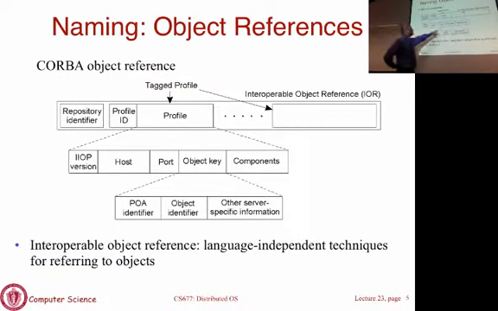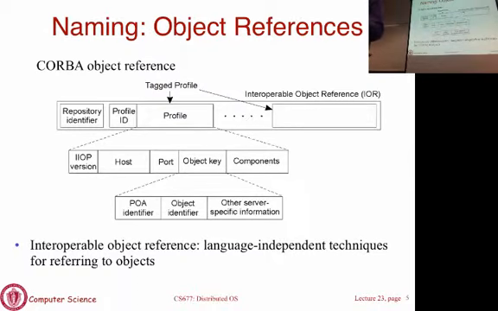That's the actual identifier of that object. Think of this as machine name, machine address, port number. That's the memory location of the object on that machine. So those are three components that you actually have to at least minimally put into a network pointer in order to dereference it.